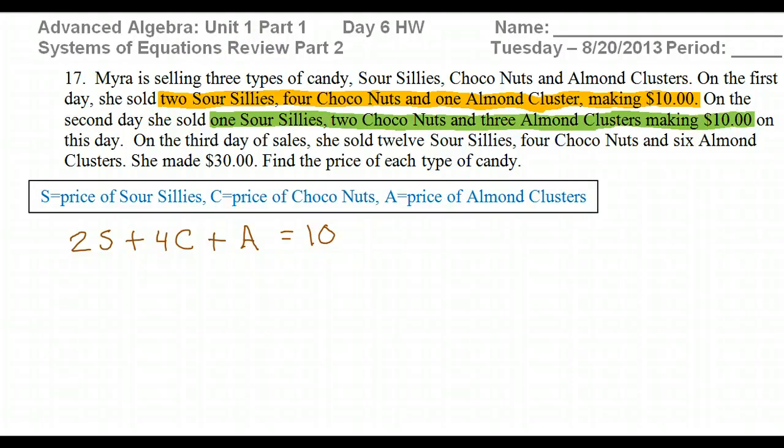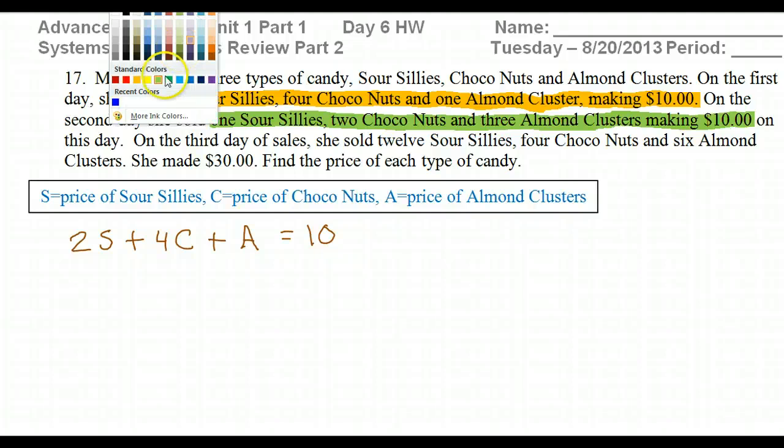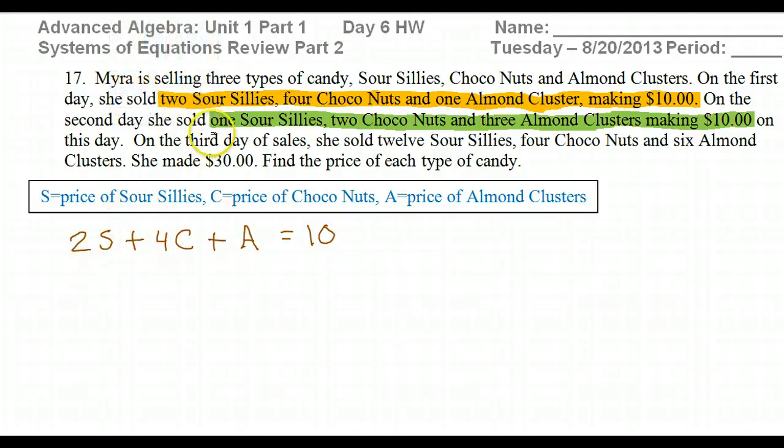Okay, so now if I want to write this as an equation, 1 sour sillies, 2 choco nuts, and 3 almond clusters, $10. So we need one more equation.